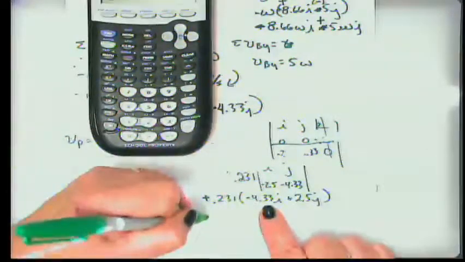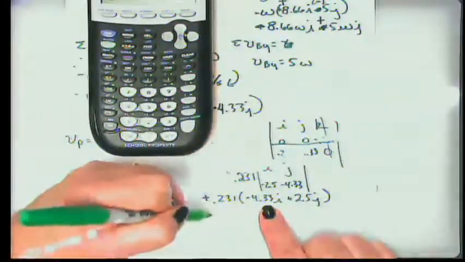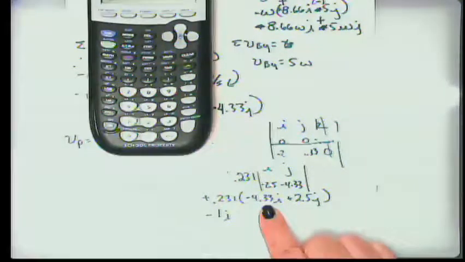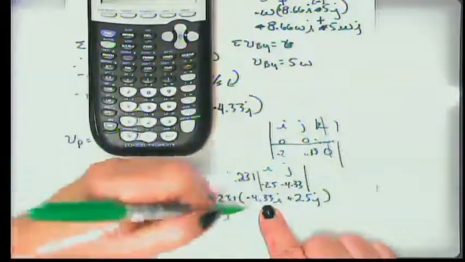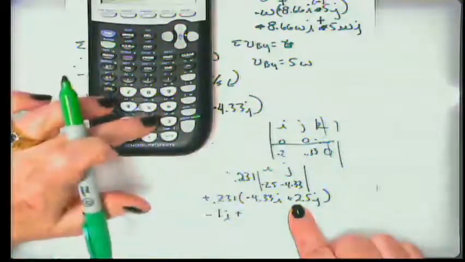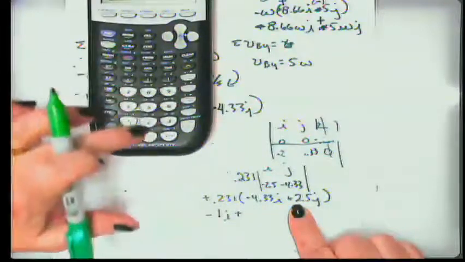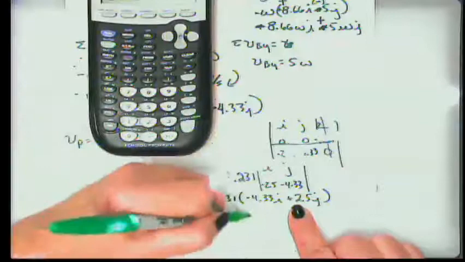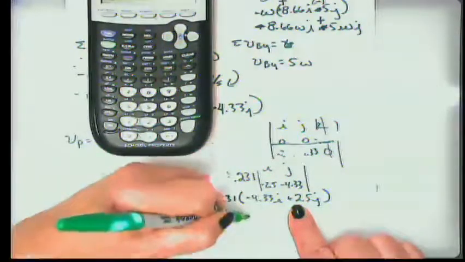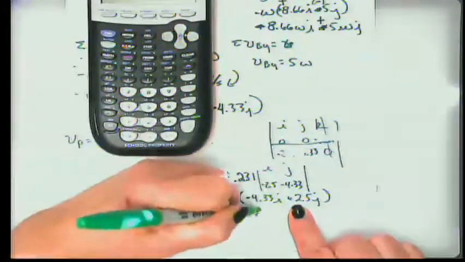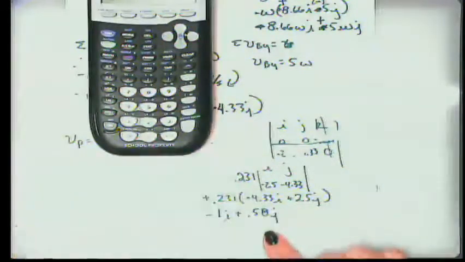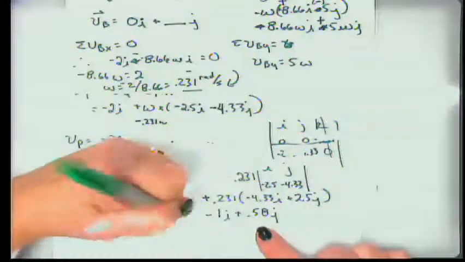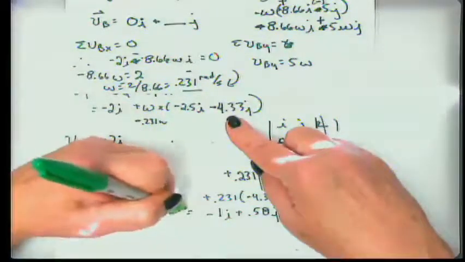In the x direction, my i component is minus 1, and it's just 0.00023, so I'm not going to carry that out. So I have minus 1i plus 2.5 times 0.231, which is plus 0.58j. Okay, and so this is my omega cross r.